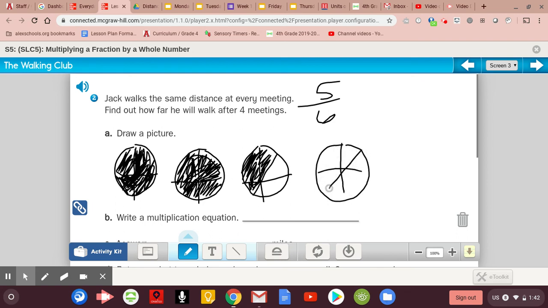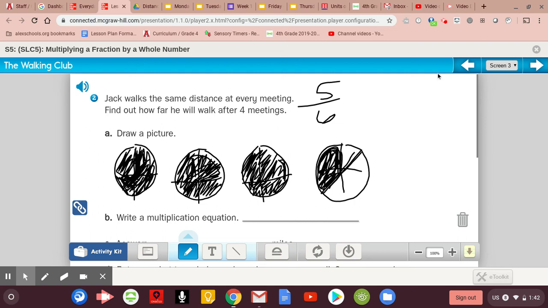Divide this one into 6. And we need to color in 5. 1, 2, 3, 4, and 5.